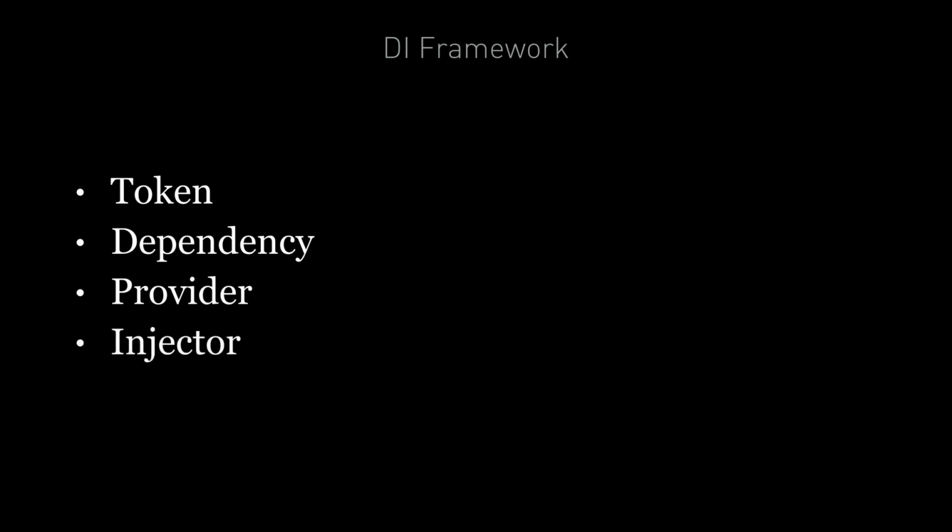And finally, we have an injector. And this is a function which, when passed a token, returns a dependency or a list of dependencies. And the act of passing a token into the injector and returning a dependency or a list of dependencies, that's also called dependency resolution.